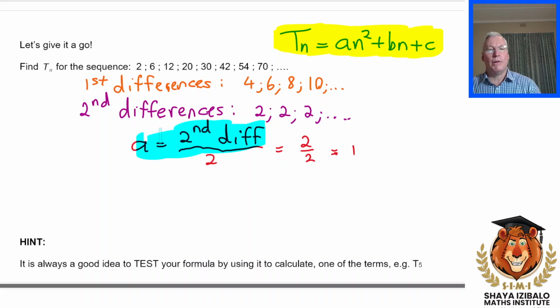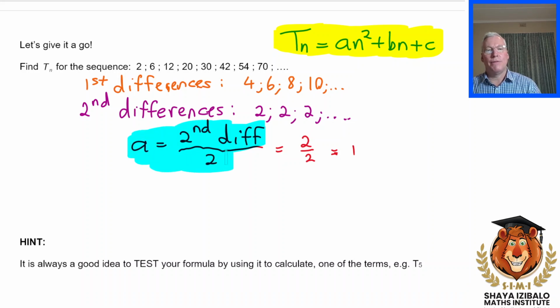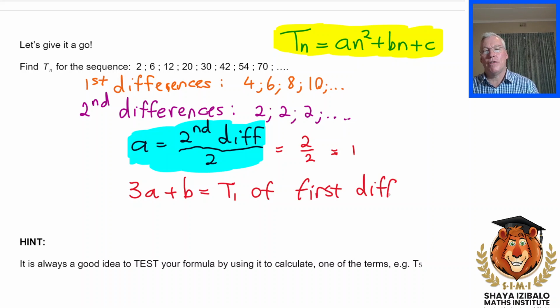Now the next little formula that we're going to need is the fact that 3a plus b is T1 of the first differences. Okay, and again, we did show on the previous page why that works. It always makes sense.